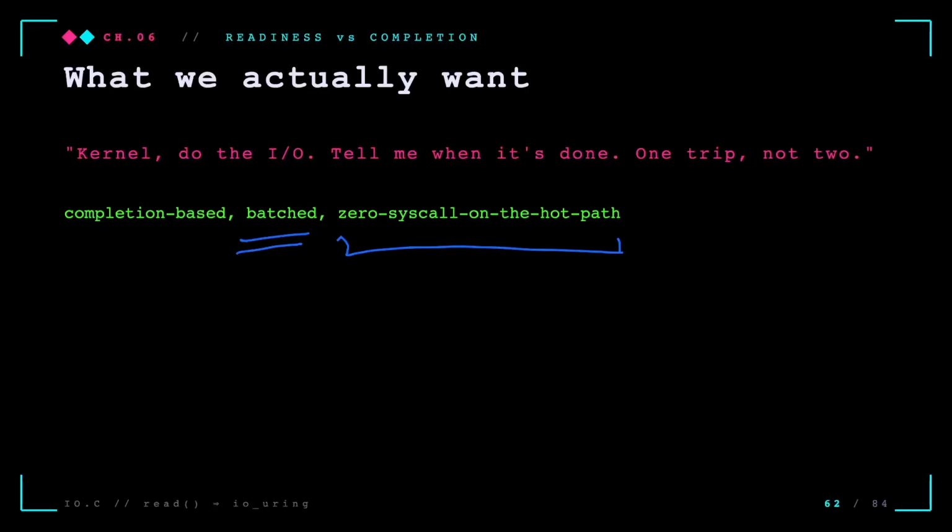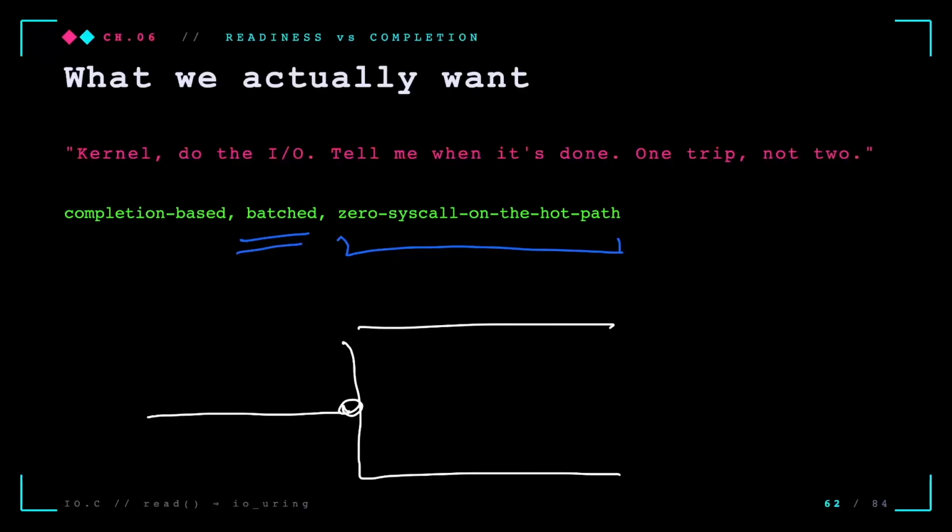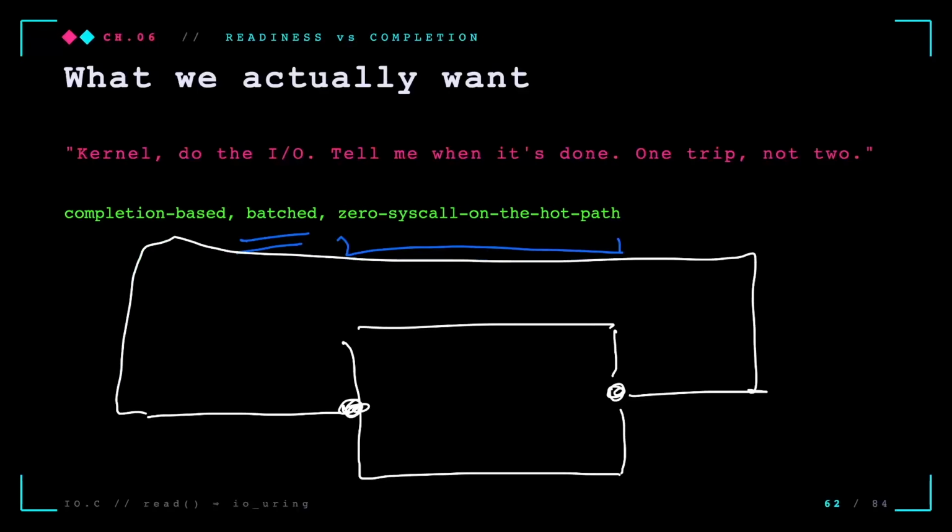If you're not familiar with the hot path, these are two concepts: you have a normal program and you have, for example, an if condition here, and then the branches join back into the main program and you have a loop. A hot path is, for example, where 90% of the cases you're going to take the first block, while in 5% of the cases you're going to take the other.